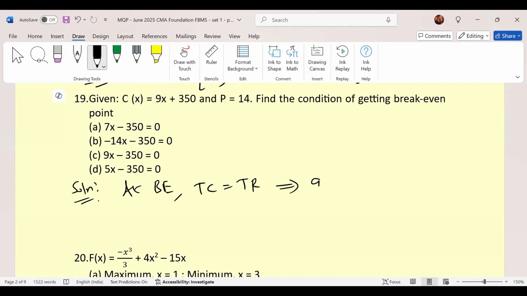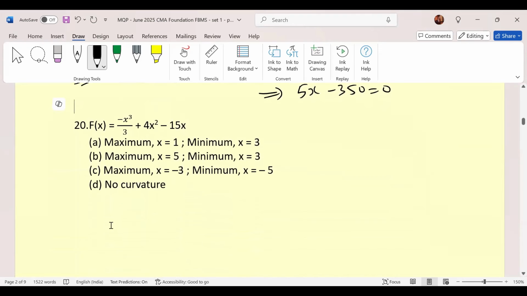Total cost is given as 9x plus 350. Revenue is nothing but the price, that is 14, into the quantity, which is x. So that means this will become 5x minus 350 equal to 0. That is our option D. That is the right option.